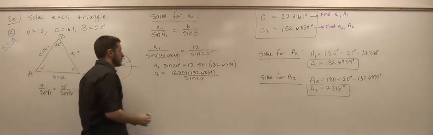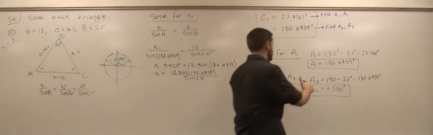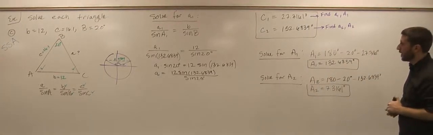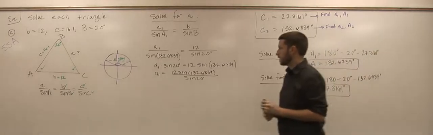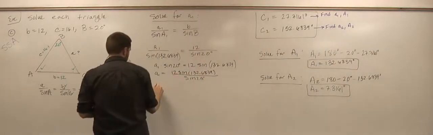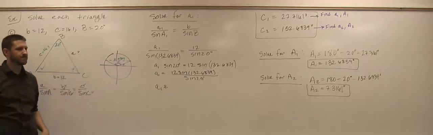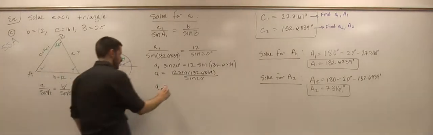Josh, where did you get the 152? Oh, it's A1. Okay, A1, you have to use A1. Got it. So then little a1 is 25.7916.